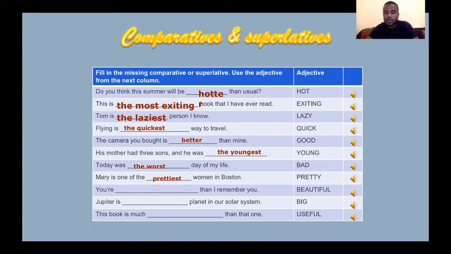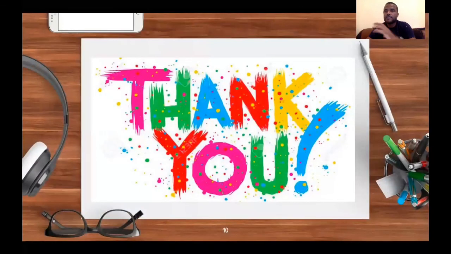You can say you are more beautiful than I remember you. Jupiter is the biggest planet in our solar system. And the last one we have, this book is much more useful than that one. So this is what we have in comparative and superlative adjectives.